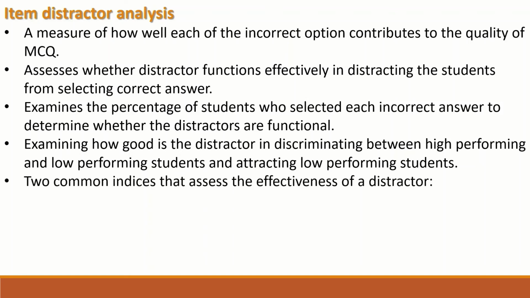The 2 most frequently used indices that assess the effectiveness of a distractor are the proportion value or percentage value, as it is similar to the difficulty value, and the item discrimination, which is used to determine whether the distractor can discriminate between high-performing and low-performing students. The analysis is based on Kelly's equation method.